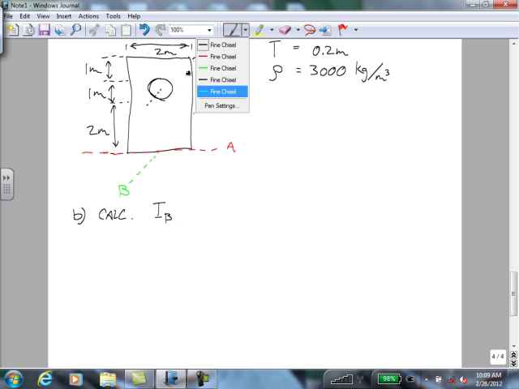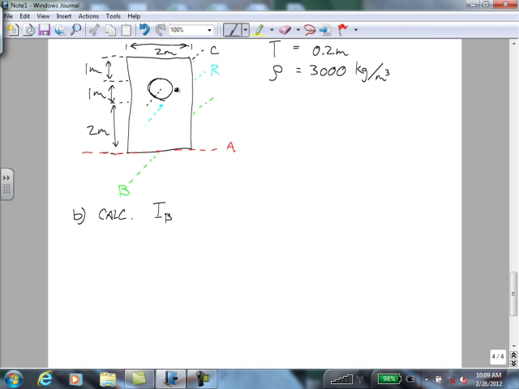And so I'll call this axis C, and I'll call this axis going through the center of the rectangle R. Okay?